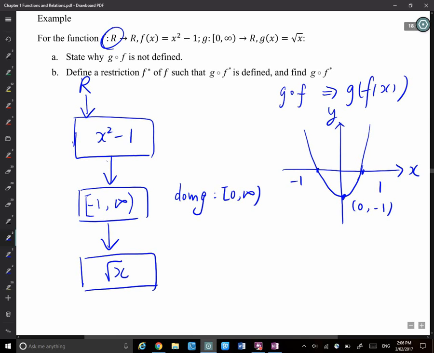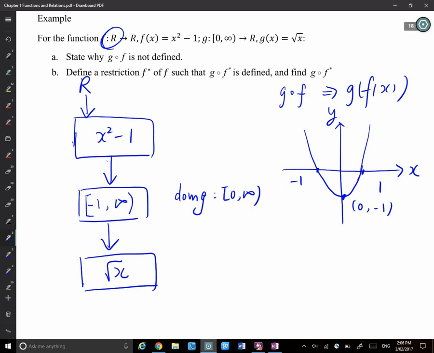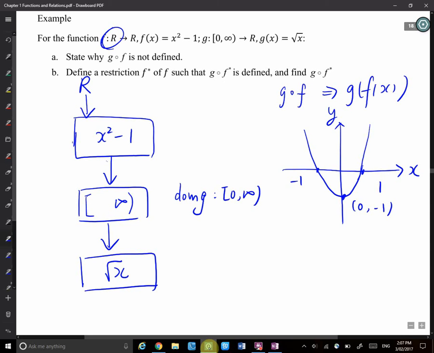Can it be negative 1 to infinity or not? No, because I can only put 0 to infinity here. So I need to find the intersection between that. What's the intersection? It is 0 to infinity. Now I need to correct here to 0 to infinity.